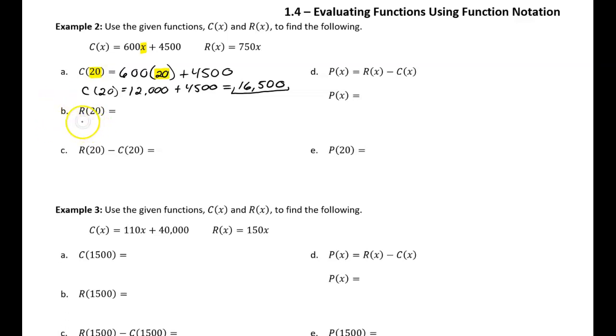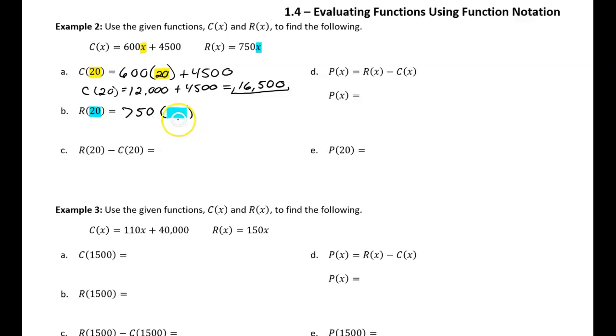Part B. Now we want R of 20. So now we're looking at the R function. So wherever there's an x in the R function, I'm going to plug in the 20. So for R of x, we had 750x. So 750 times, there's my skeleton, times my substitution part.